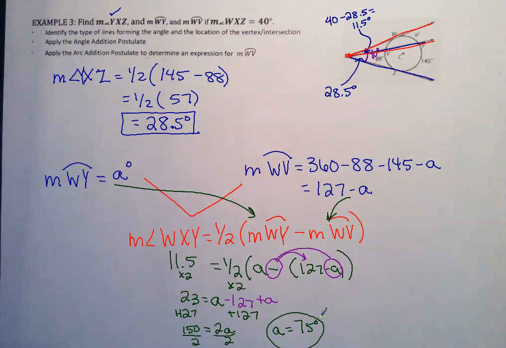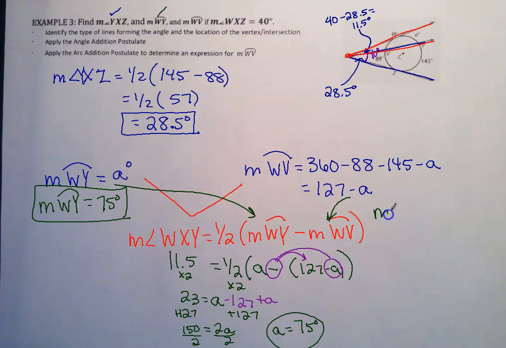We found one of the arcs, right? The measure of arc WY was A, so it's 75 degrees. So would you take 127 minus 75? Yeah, and then we can do this one.